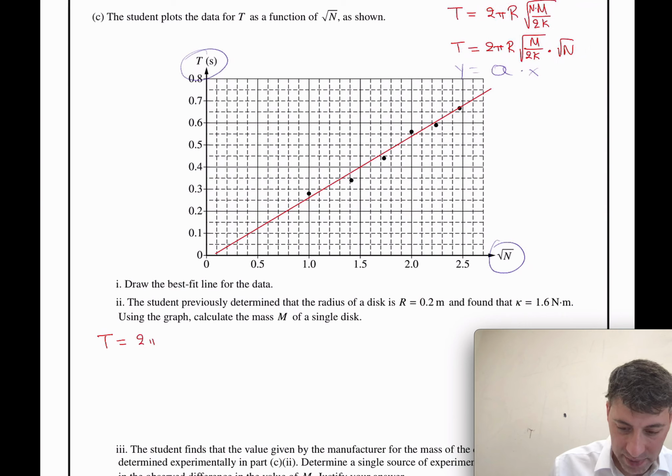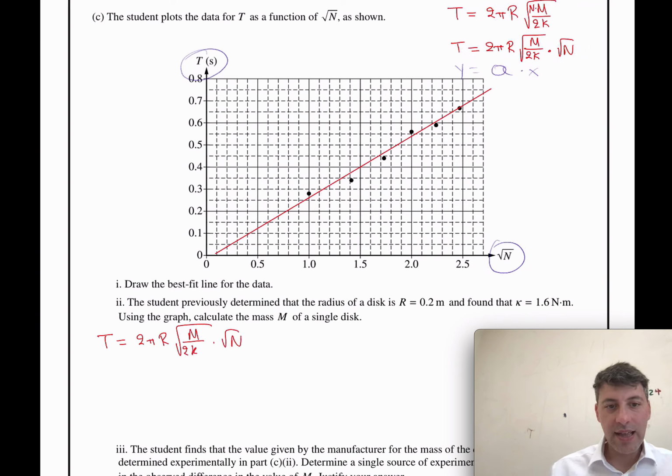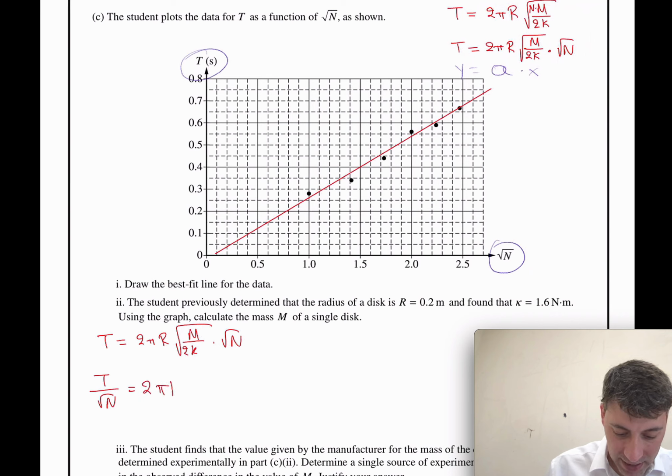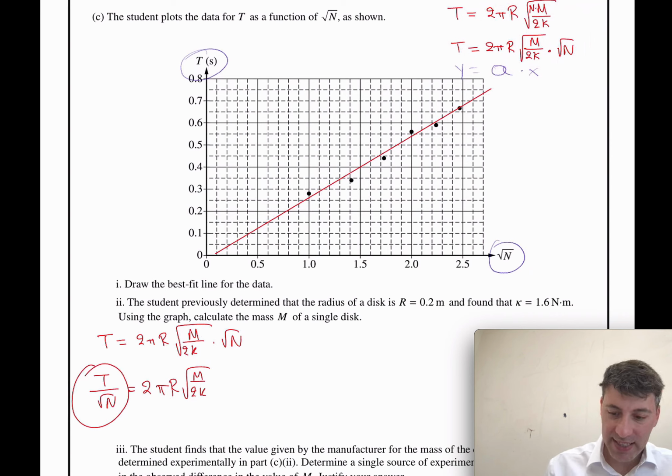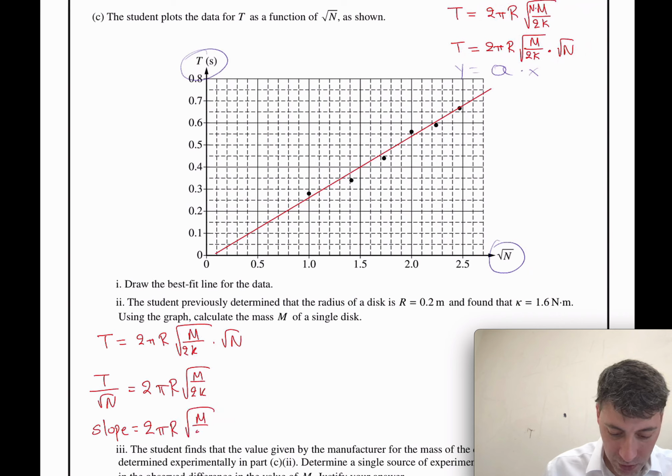So 2 pi r root of m over 2k multiplied by the root of n, and represent the value of y over x, or in this case t over root of n, as one quantity. So t over root of n is equal with 2 pi r root m over 2k, and this part here is the slope.